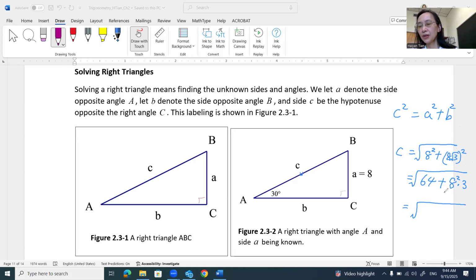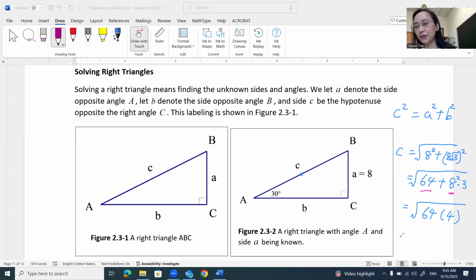8 squared is 64. Then there's a 1 plus 3, that's a 4. Right? So we can see that the 64 is actually a common factor. I factor it out. So 64 times, after I factor out, then there's a 1 left. So 1 of the 64 plus 3 of the 64.